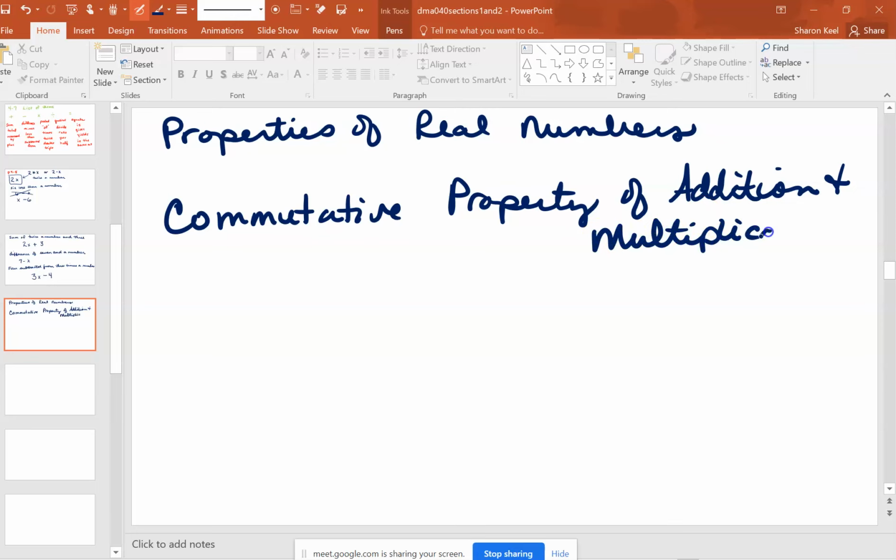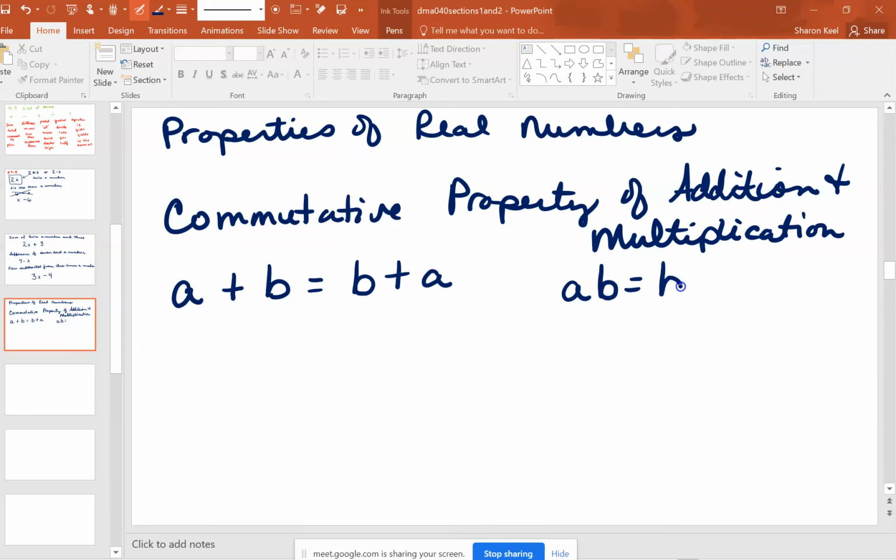This property applies to both. It's either all going to be addition or all be multiplication. So that means, in other words, if you have A and you add it to B, that would be the same as having B and adding it to A. You can change the order. For the multiplication part, it would be A times B is the same as B times A.